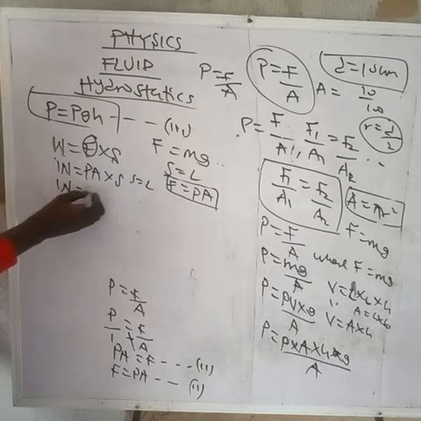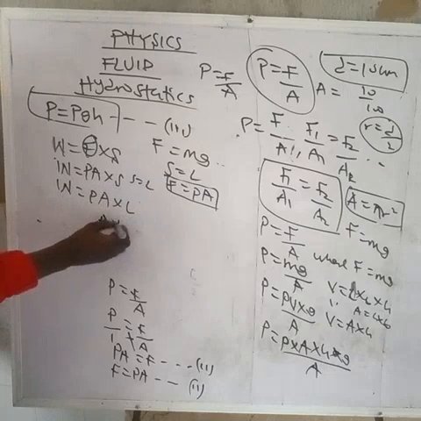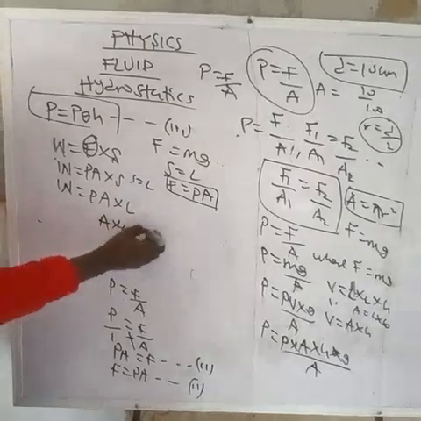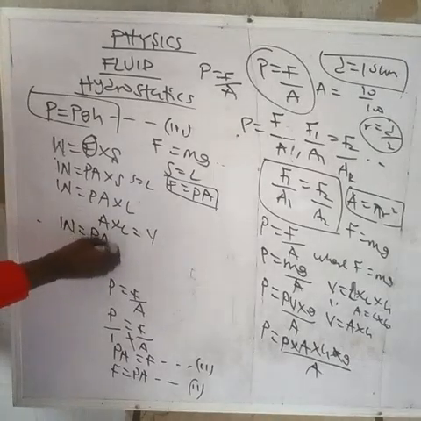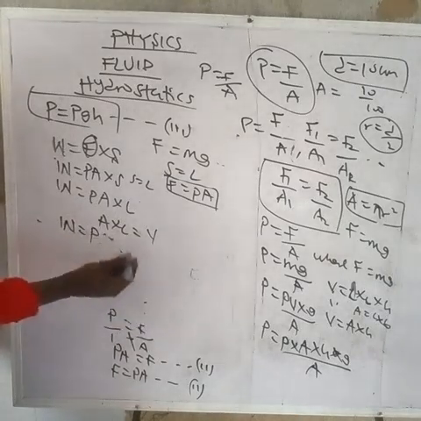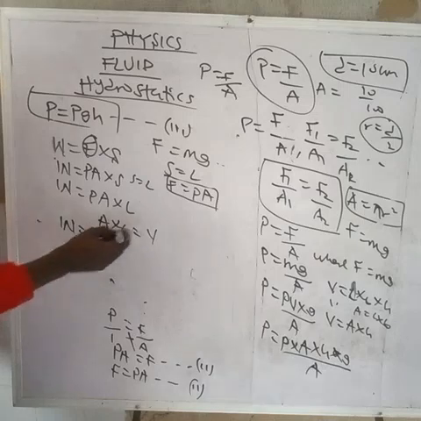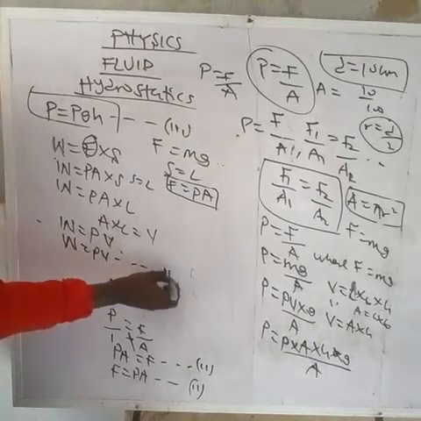So W is equal to PA multiplied by the length of the object, and A times length or height will give you volume. So W is equal to PV. This is equation 5.